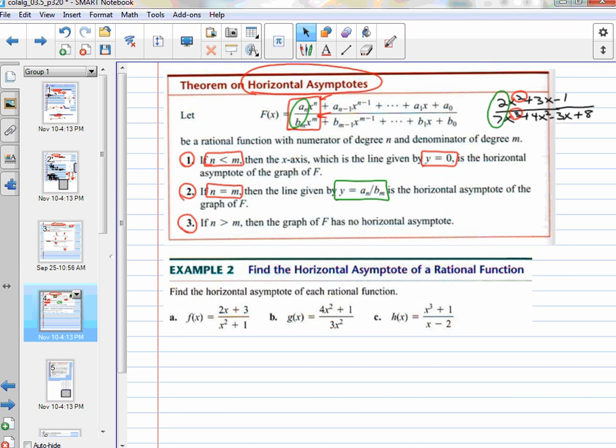Now the two numbers have only 3 possibilities. The top one is less than the bottom, the top one equals the bottom, or the top one is greater than the bottom. And that's the third rule. If the numerator degree is greater than the denominator degree, then there is not a horizontal asymptote. And we will learn later what kind of asymptote it is. Not today, but later.